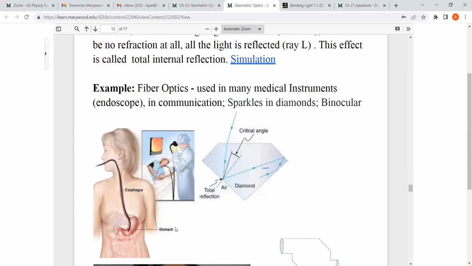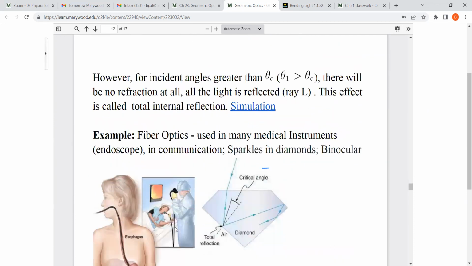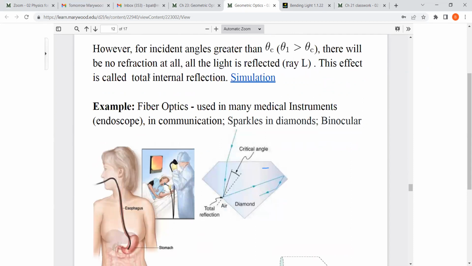Now total internal reflection has many applications, for example, fiber optics. In fiber optics, this phenomenon is used. You probably know that fiber optics is used in many medical instruments, for example the endoscope, and in communication, for example transferring data from one place to another.